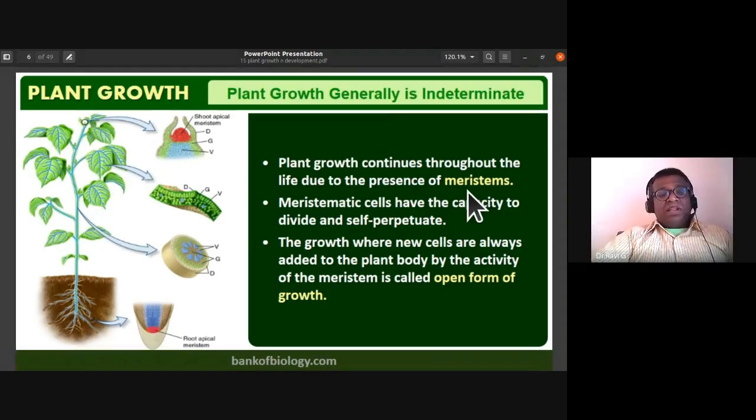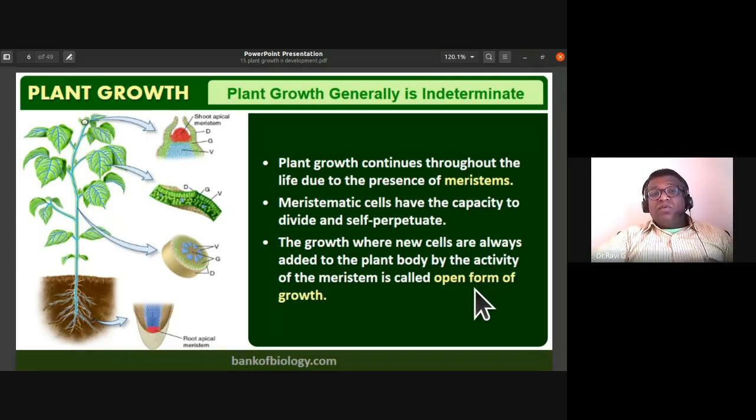So plant growth continues throughout its life. It is not like in case of human beings, we have growth up to 18 years of age or maximum up to 21 years of age, and that's the final stage. So there is no more growth, only the dead and worn out cells are replaced.